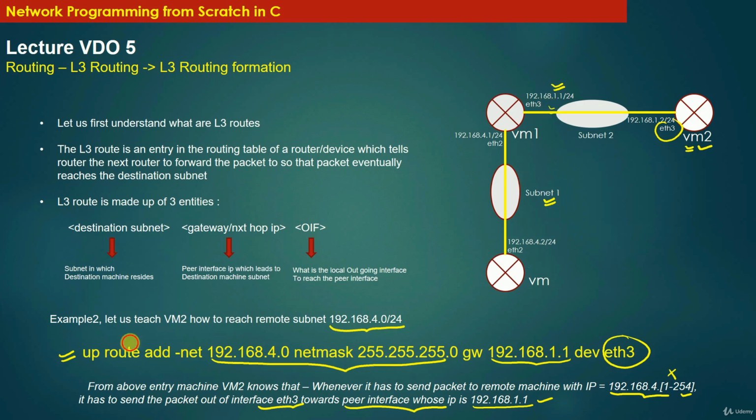So now if you install this entry in the router VM2 and you install the previous entry in the router VM, then the router VM can ping router VM2 and the router VM2 can ping router VM.